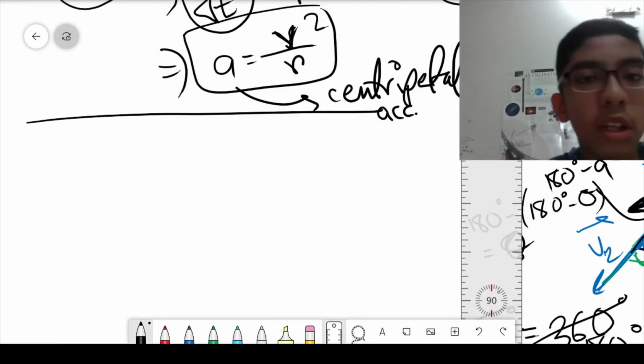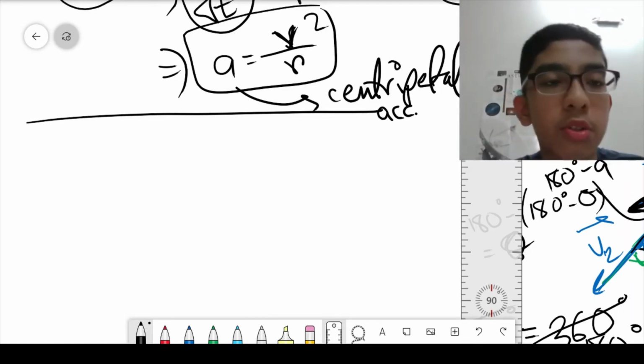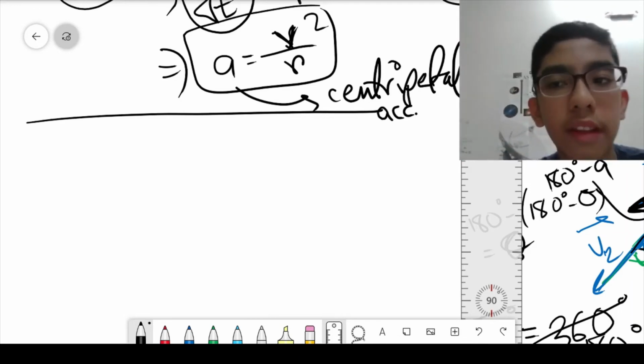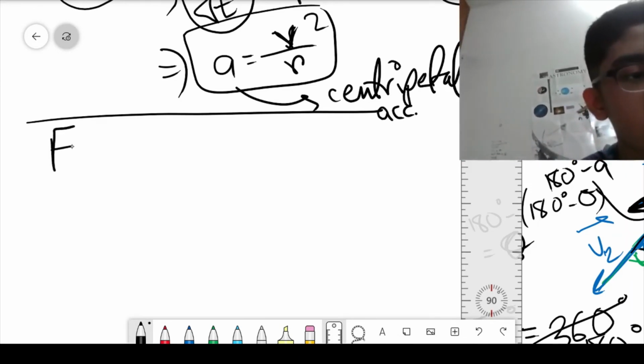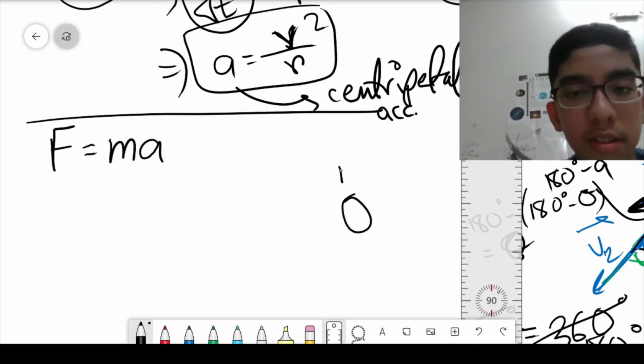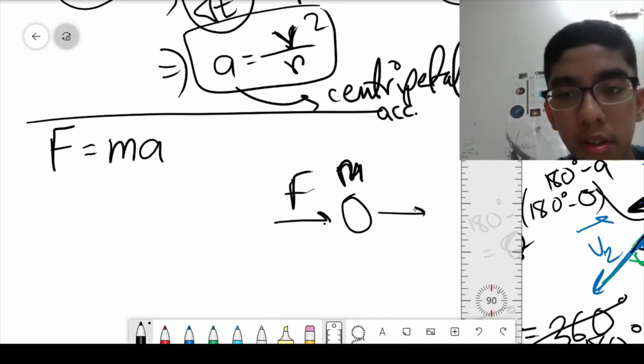Now here we will include two formulas, which will be Newton's second law and the universal law of gravitation. So we know that Newton's second law says F equals ma. If this is an object with mass m, and a force is applied to it, which causes it to accelerate at acceleration a, the relation will be F equals ma.